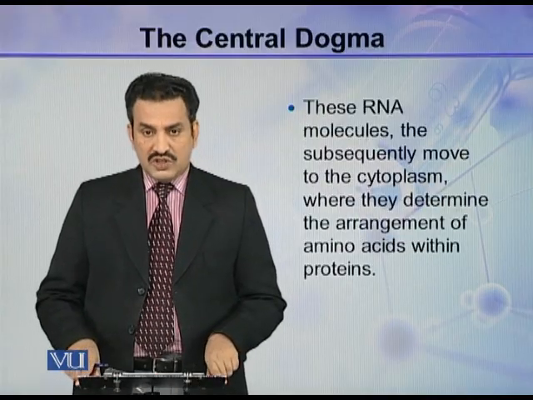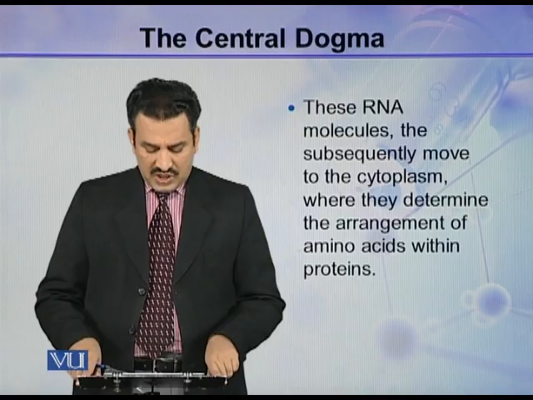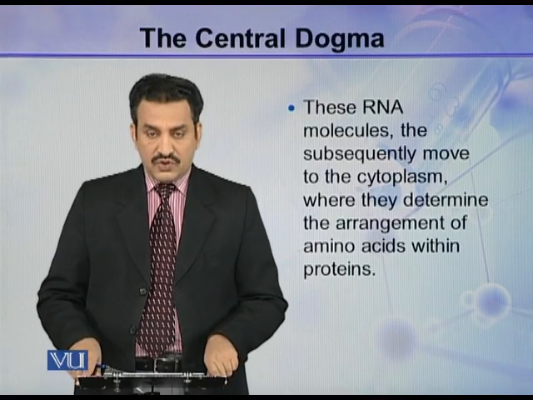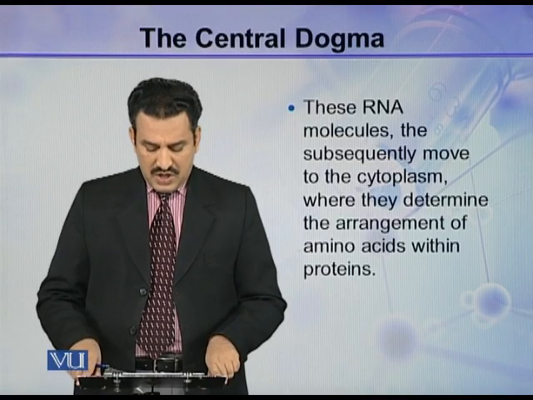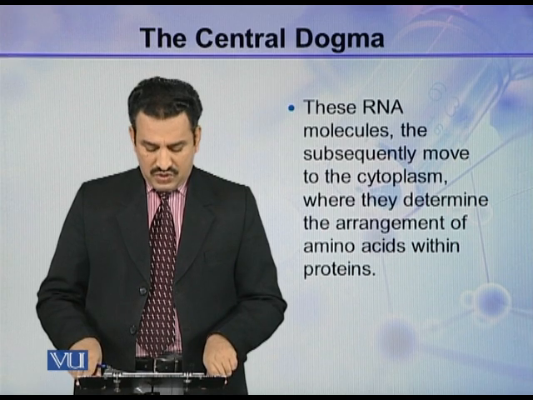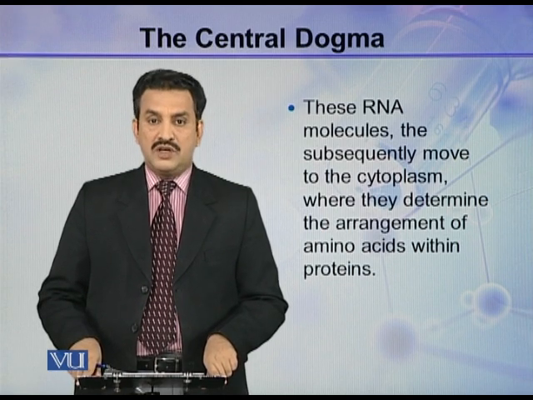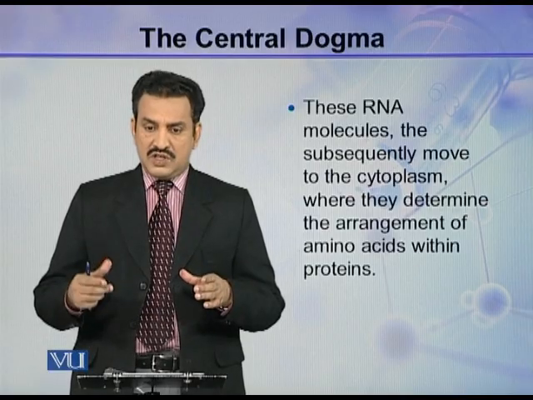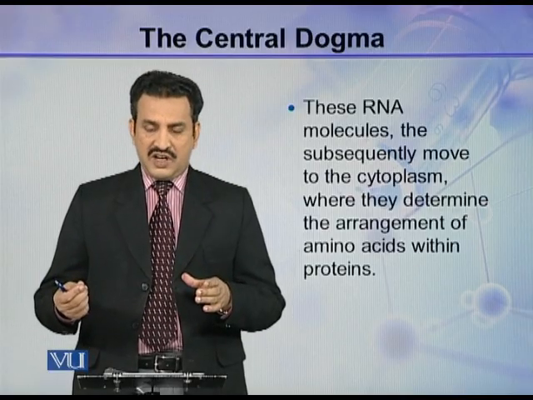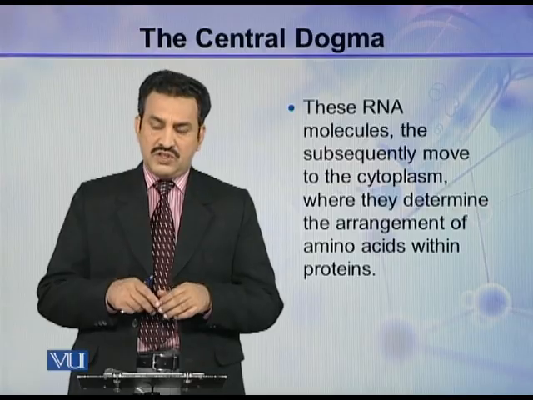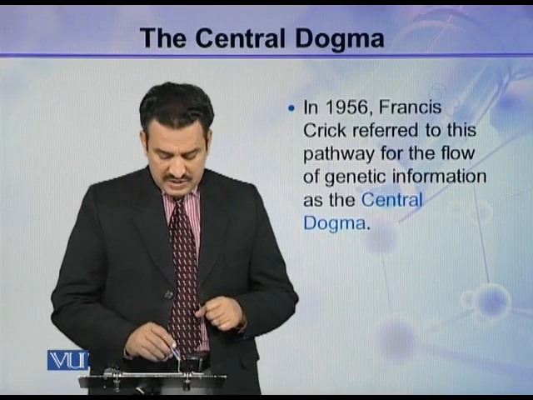These RNA molecules are subsequently moved to the cytoplasm, where they determine the arrangement of amino acids within the protein. So after synthesis, these RNA molecules come to the cytoplasm, where synthesis of protein takes place.